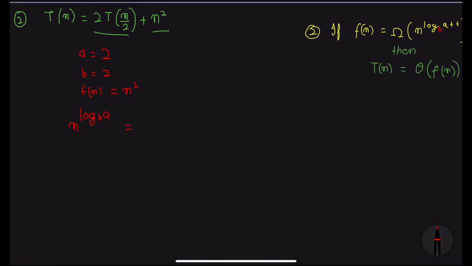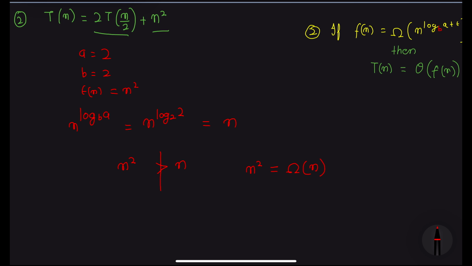This will be equal to n raised to the power log base 2 of 2, which will be equal to n. So if we compare the value of f(n), which is n square, and n raised to the power log base b a, which is n, you can see n square is greater than n, and we can say that n square is equal to omega of n.